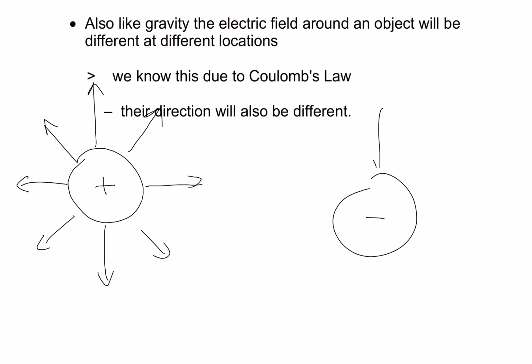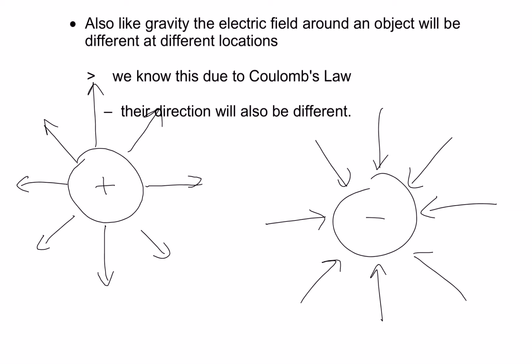And for a negative source charge, the electric field is inwards. So we draw arrows going all the way around. You don't need a lot of them, just enough to show that it's going from every direction. And the length of the arrows will indicate how strong the electric field is. If it was a weak field, you'd have short arrows. If it was a strong field, you'd make those arrows a little bit longer.